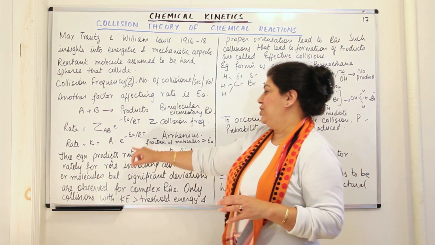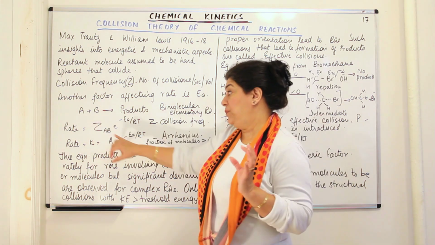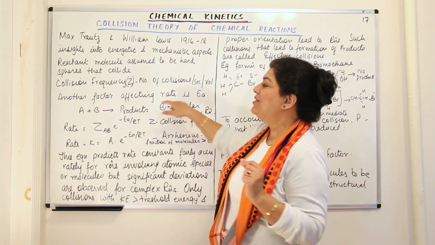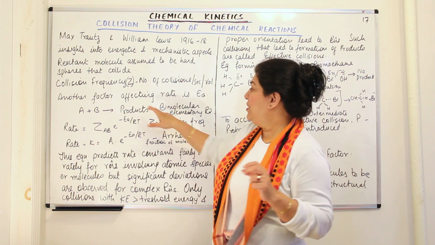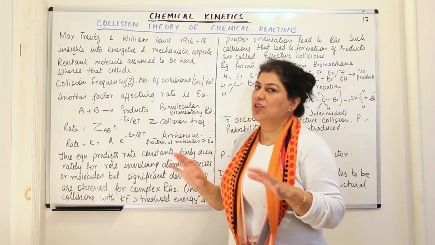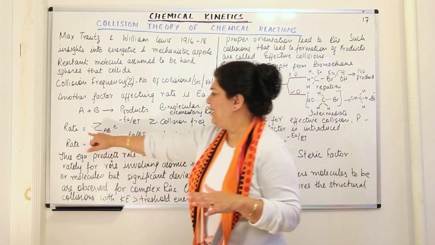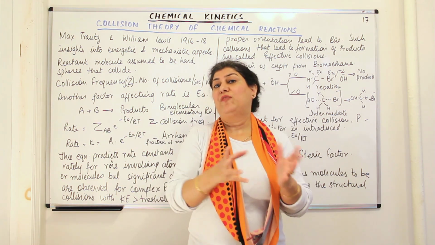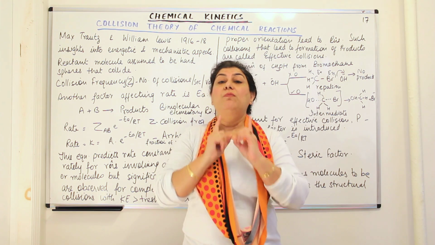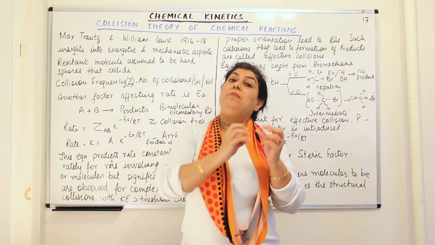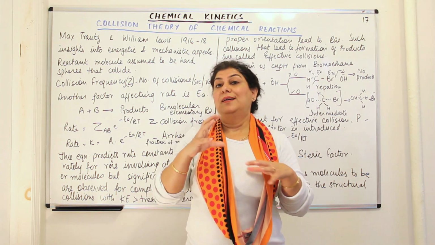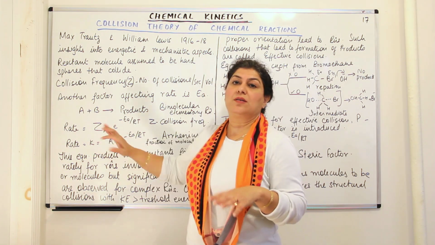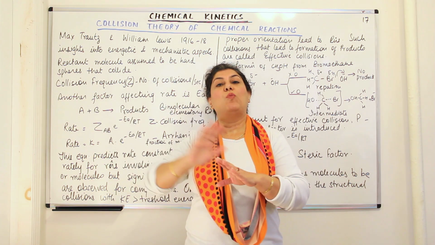So this equation predicts the rates of reactions quite accurately when you have simple elementary reactions, and it was giving the right reading for the rate of the reaction. But the moment a reaction became complex, there would be a wide deviation.